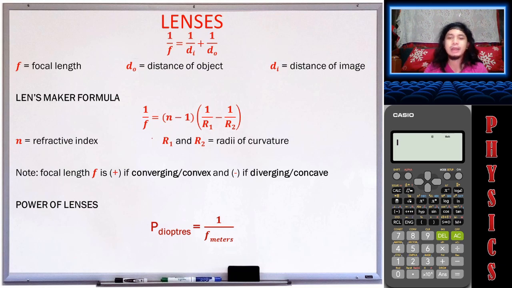Makikita natin yung mga possibilities depende sa kung gaano kalayo yung object sa lens, at kung concave o convex ang lens.